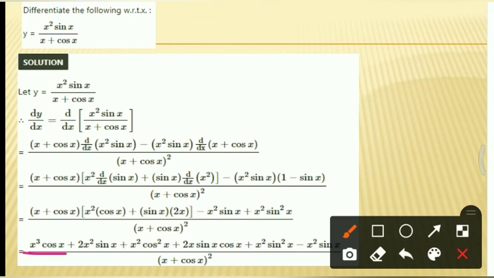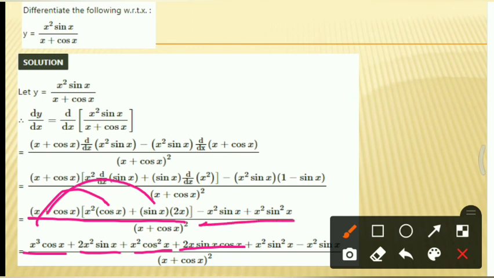x cube into cos x plus 2x square into sin x plus x square into cos square x plus 2x sin x. Simplifying this total term, multiplying by total factor into x square cos x and similarly 2x into sin x.